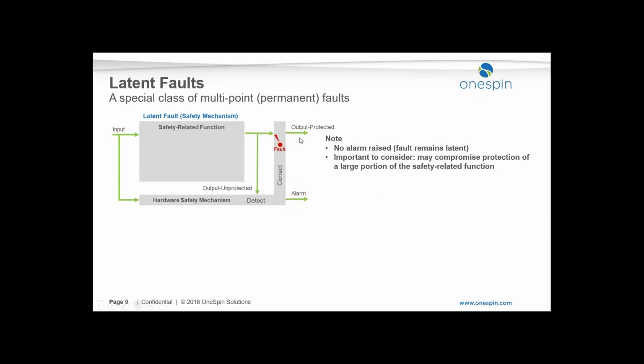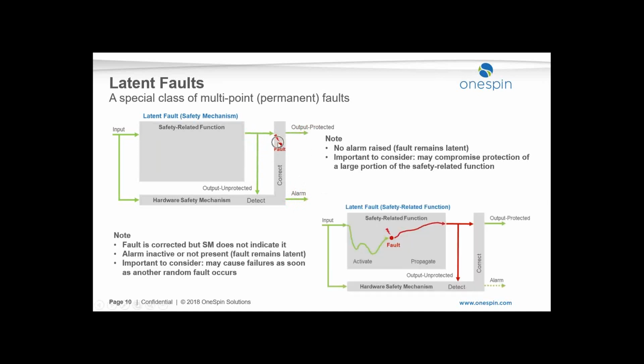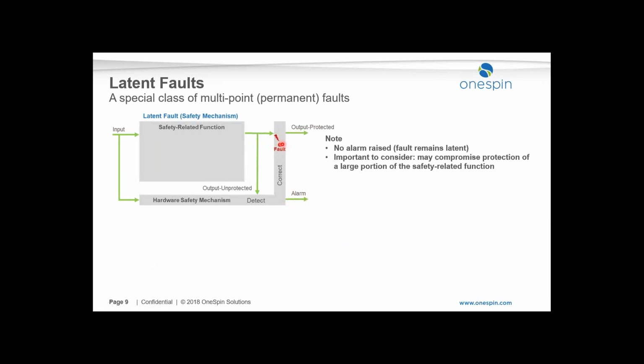The fault does not cause any wrong output, so it doesn't affect the safety-related function. But this fault is important to consider, because if you have a permanent fault in the safety mechanism, this fault is potentially compromising the protection of a large chunk of the safety function.